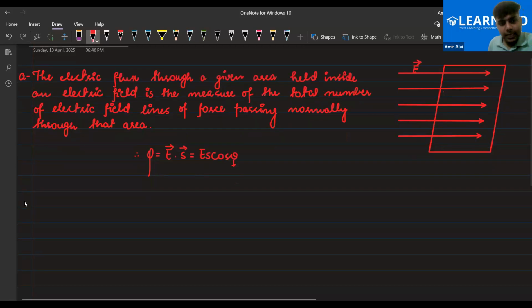If we talk about the SI unit, just multiply the electric field into the area vector. So it would be Newton per coulomb, because electric field is force upon charge, into meter square.